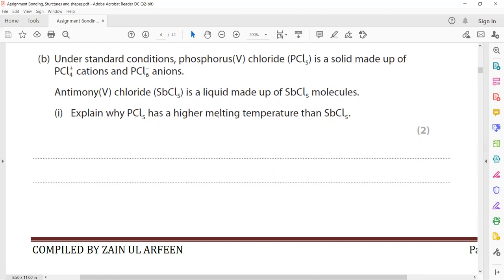Explain why PCl5 has a higher melting temperature than SbCl5. You can simply identify the type of forces. One has electrostatic force, which is stronger in PCl5. Ionic bonds are there, so strong electrostatic force is there, whereas in SbCl5 a weak intermolecular force, or London dispersion force, will be there.